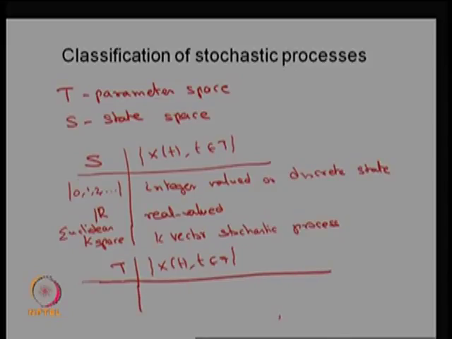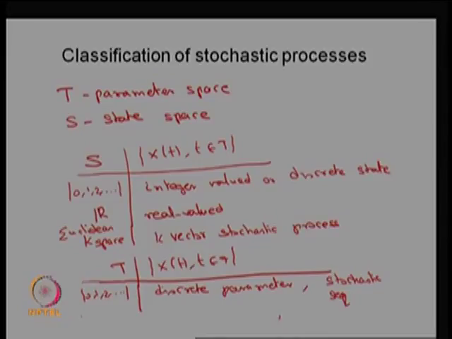That means if it takes values countably finite or countably infinite, or only the integer values, then we say it is a discrete parameter stochastic process, or there is another name, it is called the stochastic sequence also. Whenever the possible values of capital T are countably finite or countably infinite, then we call the corresponding stochastic process a stochastic sequence, or a discrete parameter stochastic process.